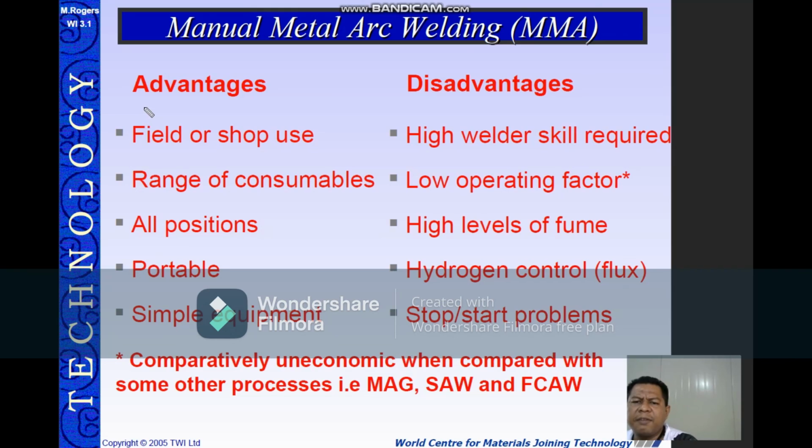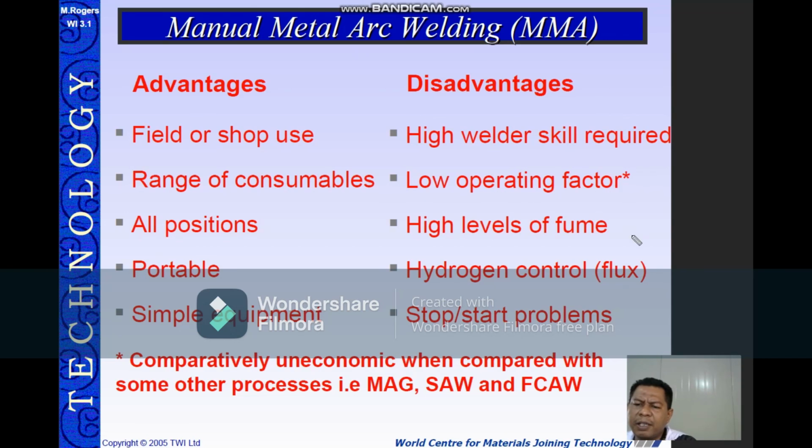So what are the advantages and disadvantages of MMA or SMAW? The advantages are low cost, a wide range of consumables, and all-position welding. It is portable, we can bring it anywhere, and the equipment is simple. But the disadvantage is that because it is manual welding, the result depends very much on the skill of the welder.